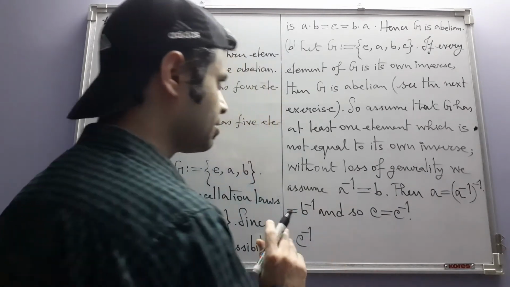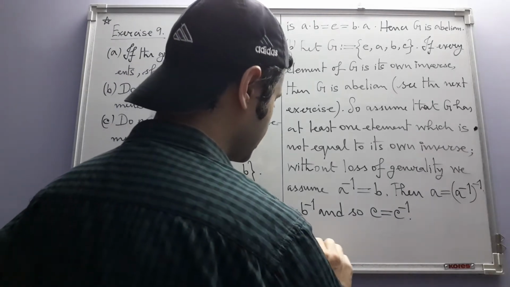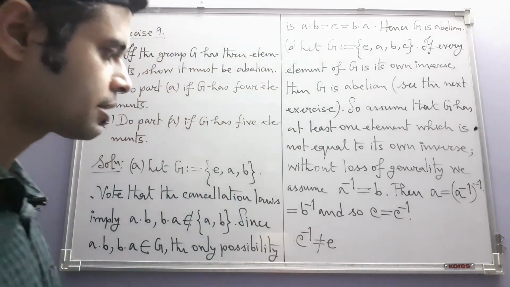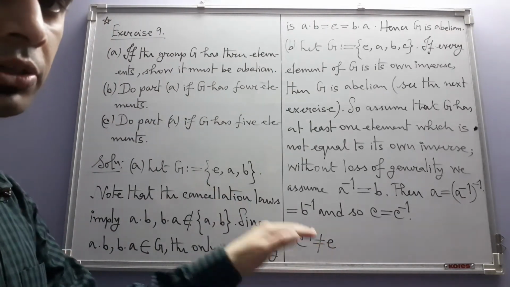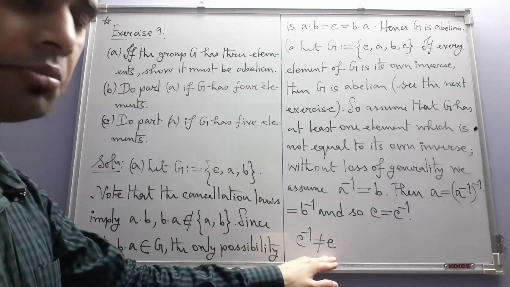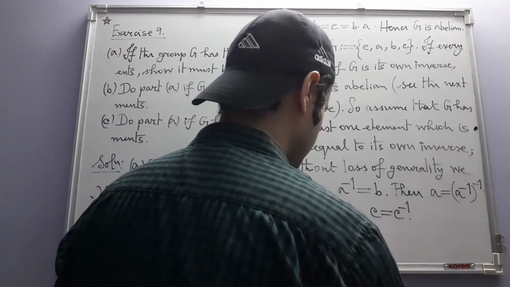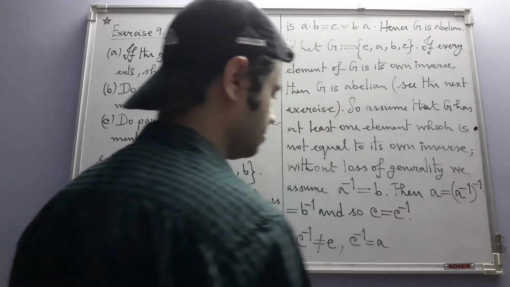C inverse will belong to the group because it's a group. C inverse cannot be equal to E, just like how A inverse cannot be equal to E. So C inverse also is not equal to E, because otherwise we will get C equal to E. Okay, can we have C inverse equal to A?